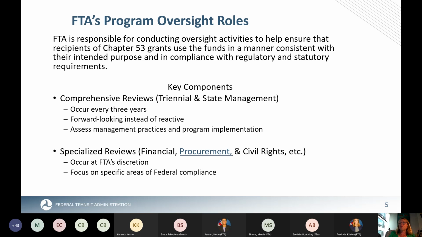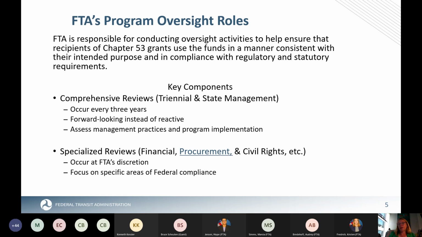And there are a number of other reviews, such as those in the civil rights areas, ADA, disadvantaged business enterprise, equal employment opportunity, and Title VI. Those reviews are different because they occur at FTA's discretion. And so you may not predict that you're going to get one, and there may be no set period of time if you've gotten one where you may get another one or a follow-up review.